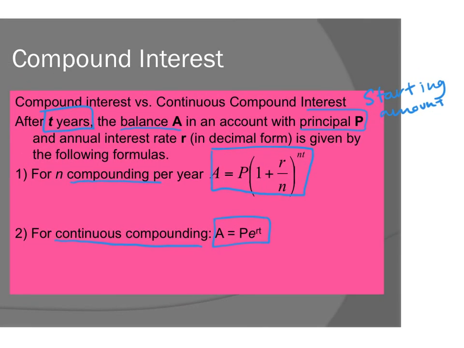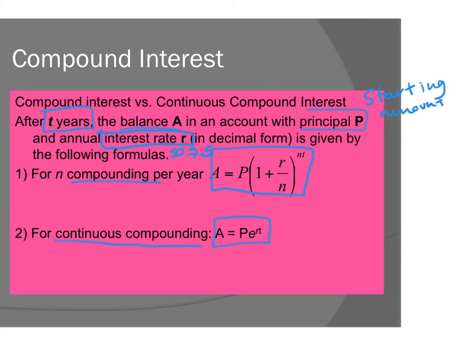And interest rate is R. But it's in decimal form, so if we had 50%, R would be 0.5. So your rate always has to be in decimal form.